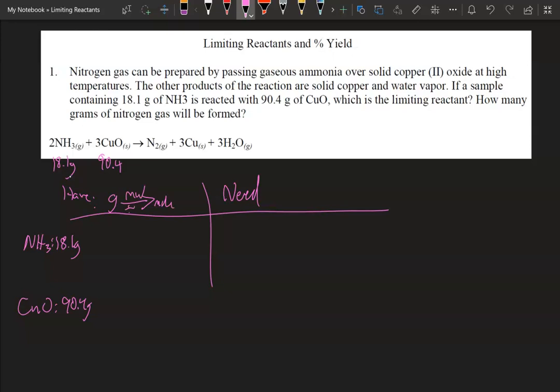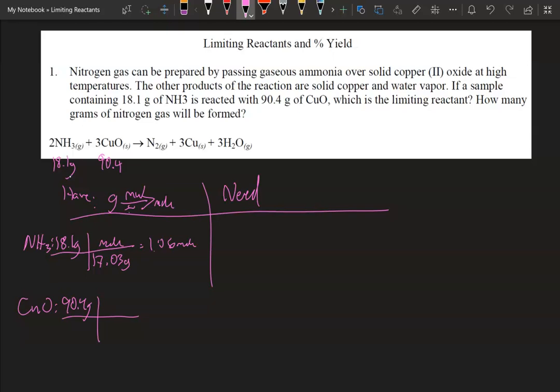The molar mass for NH3 is 14.01 plus 1.008 times 3, which gives 17.03 grams per mole. So 18.1 divided by 17.03 gives me 1.06 moles of NH3.